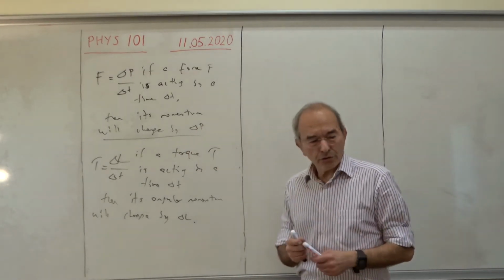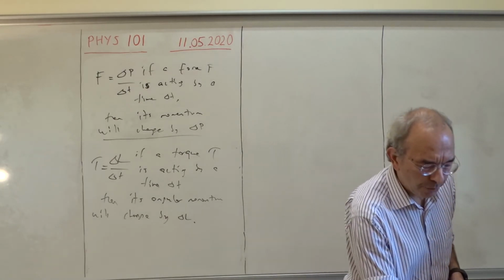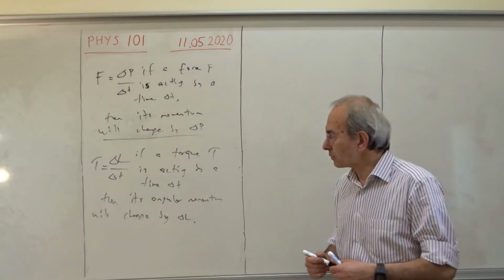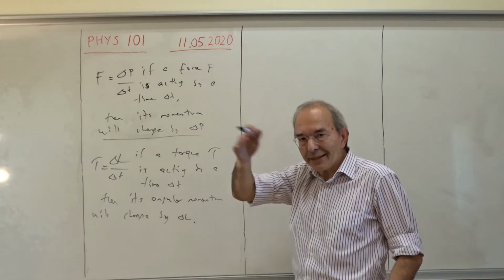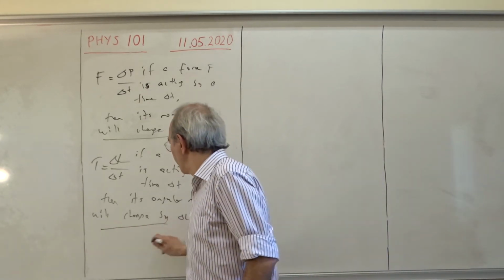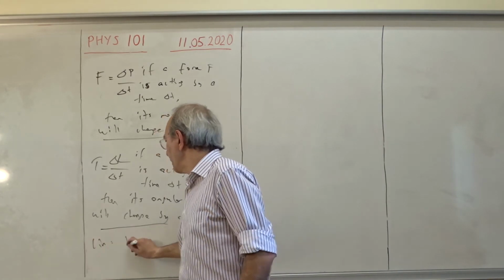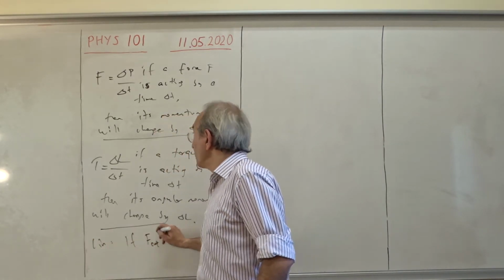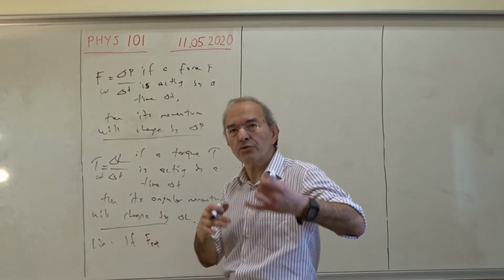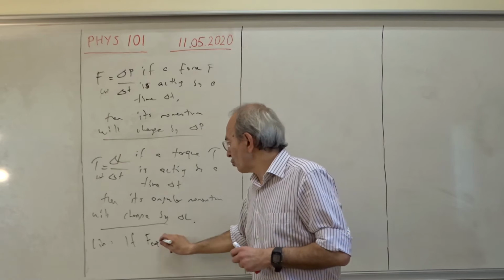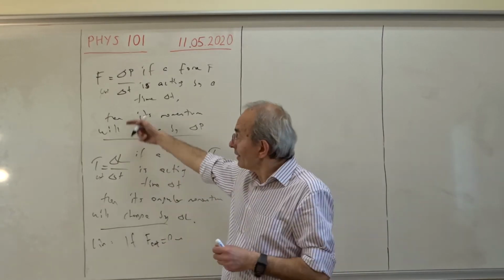But again, go back to the previous topics, linear momentum. If F external were 0, then delta P would be 0. In the linear case, remember this F is external, and this torque is also external. External means from outside. So if F external is 0, then the right hand side is 0.